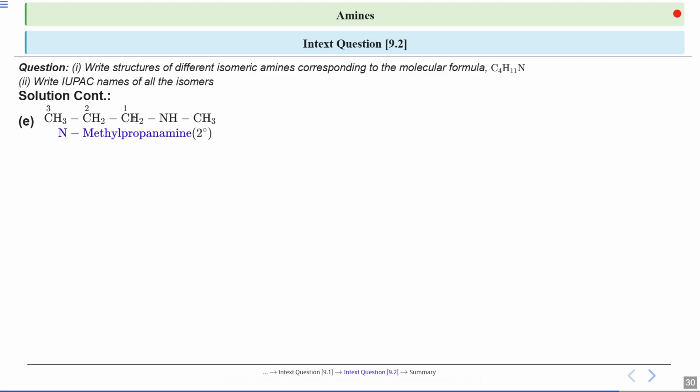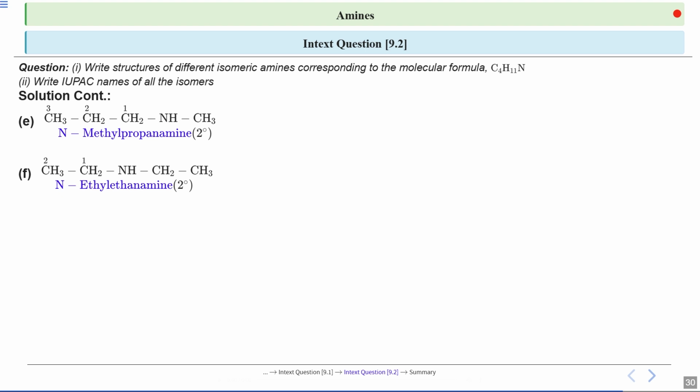Now this is N-methylpropanamine because the methyl group is directly attached to this nitrogen, so this will be designated as N-methyl, and propanamine. This is a 2-degree amine because this nitrogen is bonded to 1 hydrogen and 2 carbon atoms.